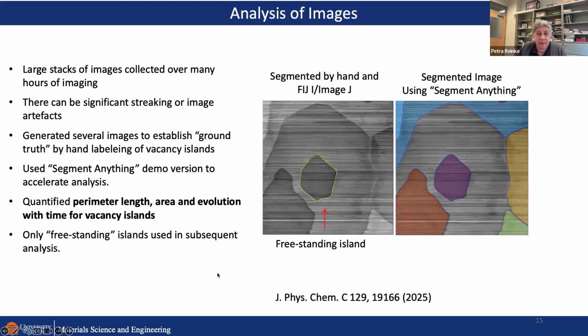However, analyzing 400-500 images in a stack is a punishing, time-consuming task. We found a relatively new AI tool called Segment Anything, which works reasonably well. And I'm sure there are more and more tools which will come up, which are very useful and allow us to really do this type of analysis.